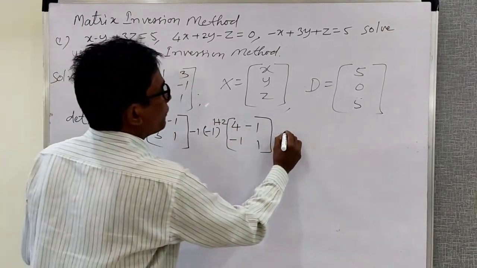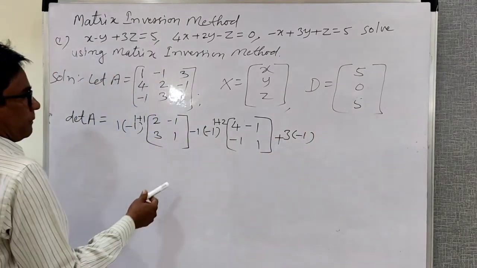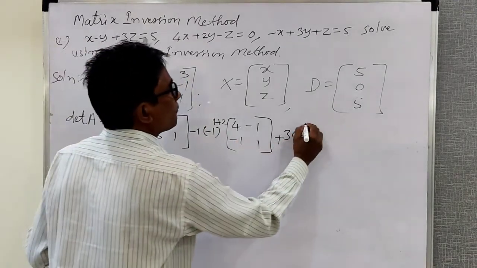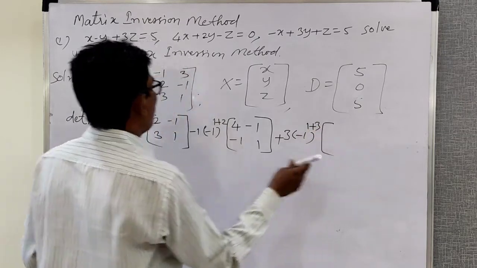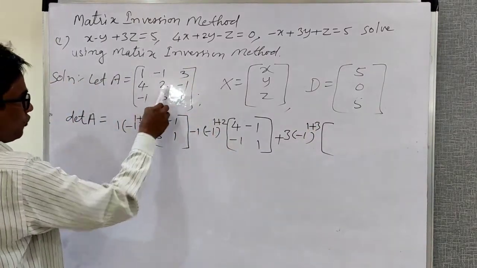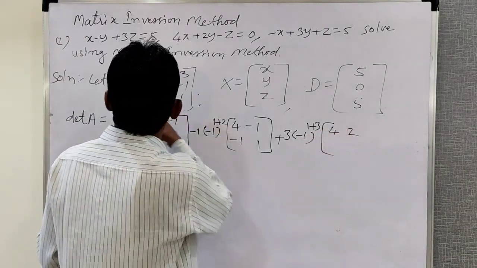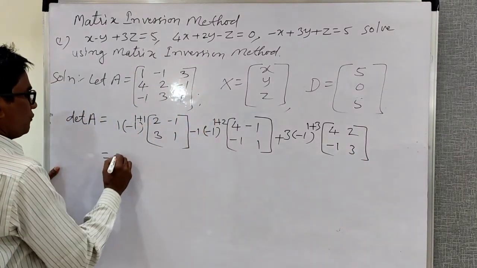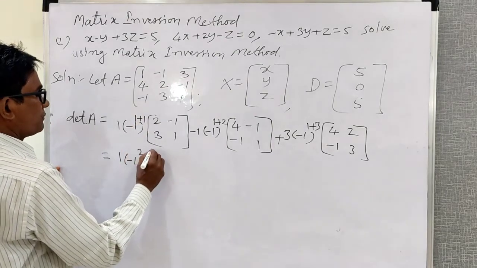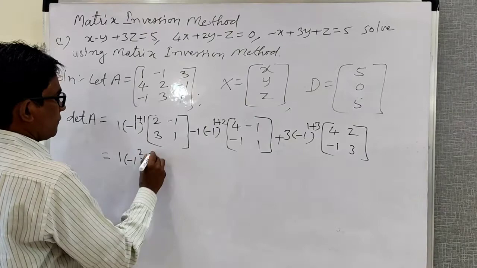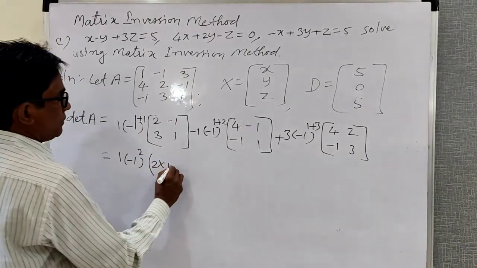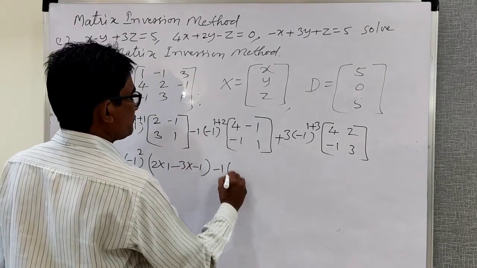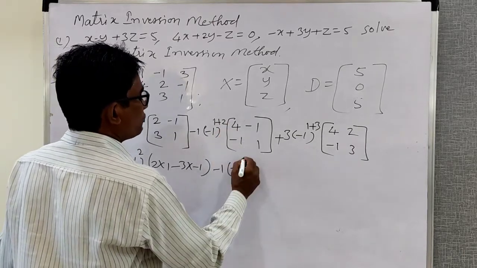plus 3 into -1 power. This 3 comes in first row, third column, and cofactors of 3 are 4, 2, -1, 3, which is equal to 1 into -1 power 1 plus 1, 2, 2 into 1 minus 3 into -1, minus 1 into -1 power 1 plus 2, 3.